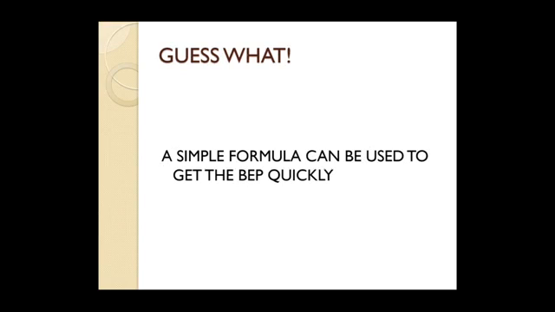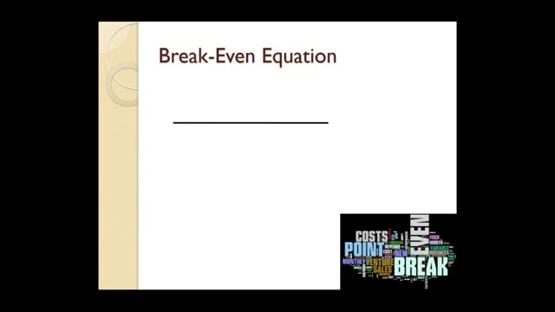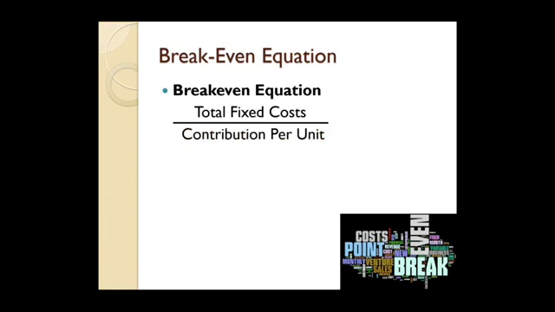We have a way to find the break-even point without drawing a break-even chart, what we call the break-even equation or contribution method equation. In this equation, you take the total fixed cost and divide it by the contribution per unit, which is the selling price minus variable cost.